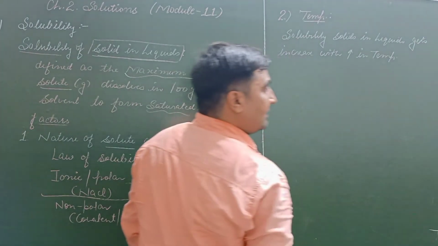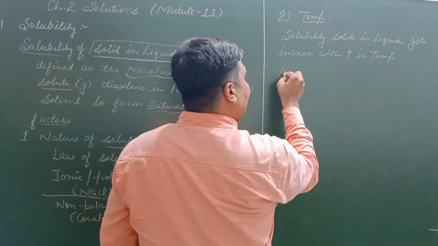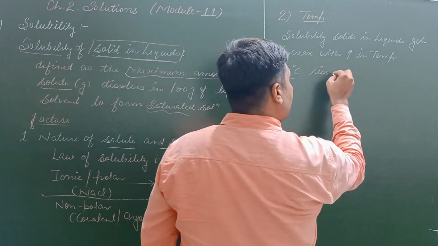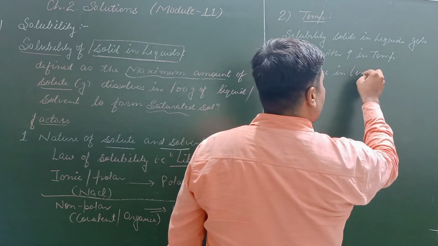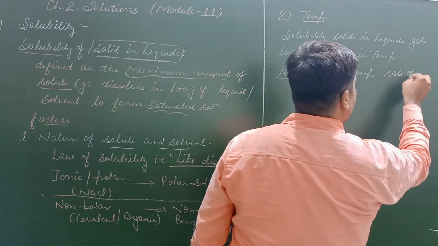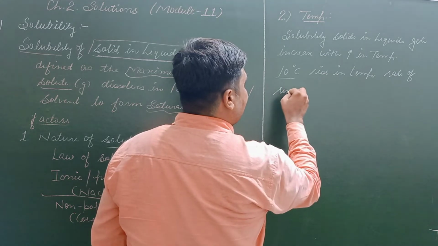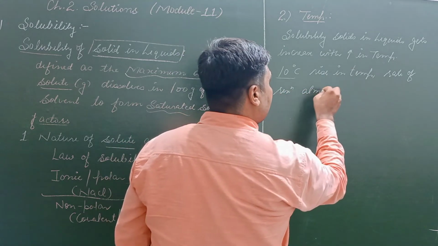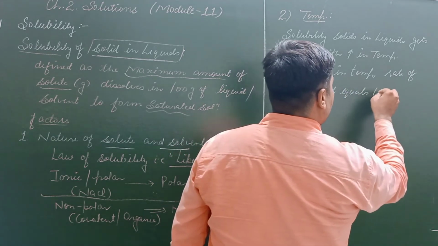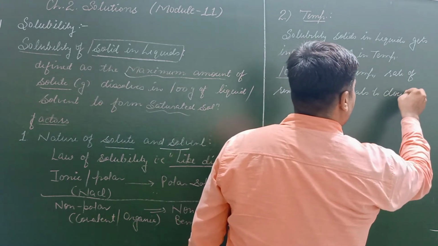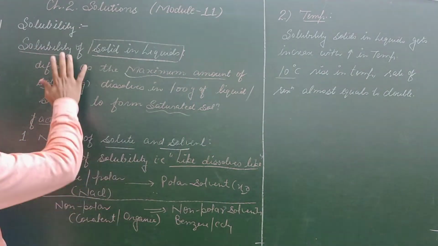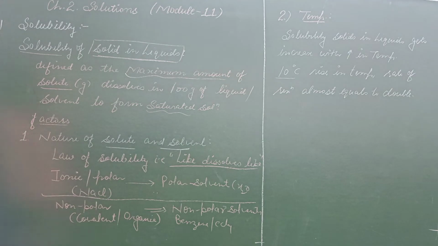Here we can say that with every 10 degrees Celsius rise in temperature, the rate of reaction almost equals double. So this is about the solubility of solids in liquids.